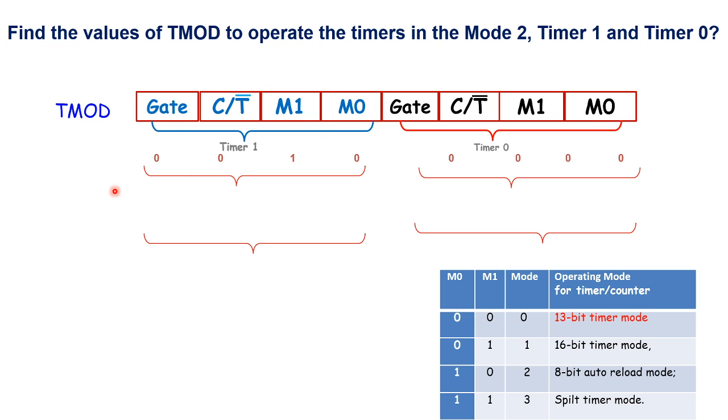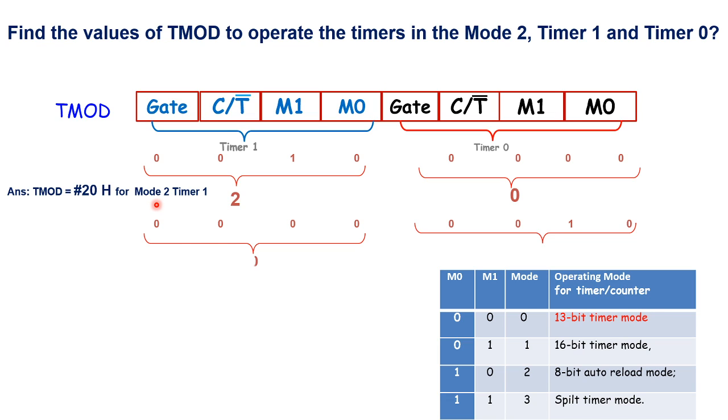So this gives us a 2 in decimal or hexadecimal value. The remaining bits are 00, so this will be 0. 20 is the value loaded in the TMOD register to keep timer 1 in mode 2.